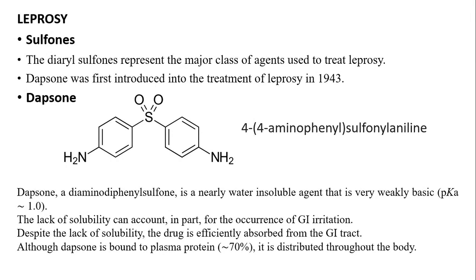Same as tuberculosis, Mycobacterium leprae is also spread from person to person through respiratory droplets. So now we will see the agents which are used in the treatment of leprosy.